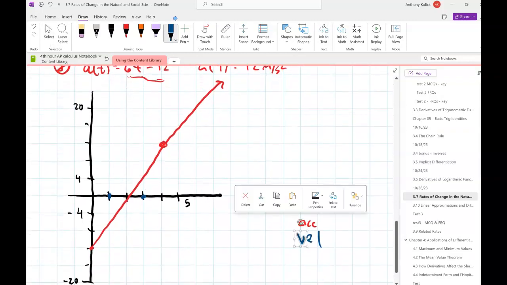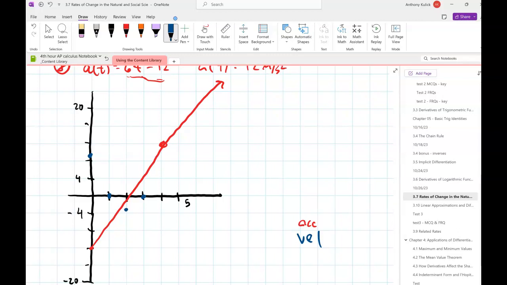So 9 at 0, negative 3 at 2, and then 9 again at 4, and at 5 it was 20. So that's probably enough to get a good parabola. Everybody feel good there?